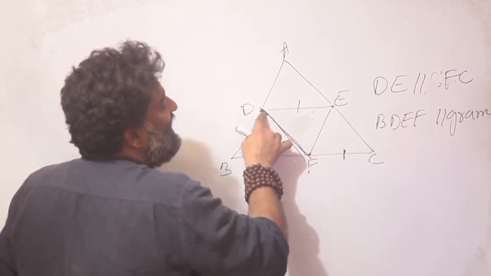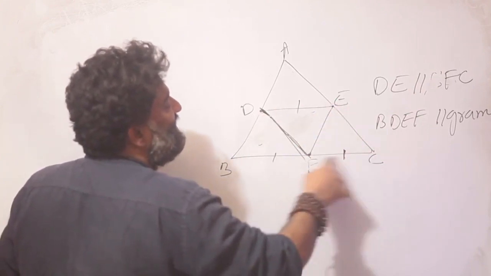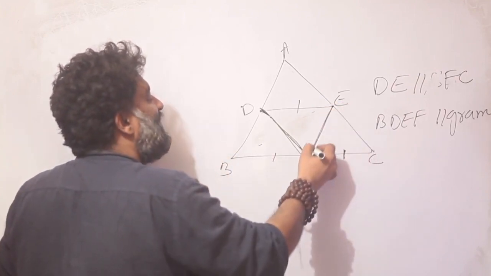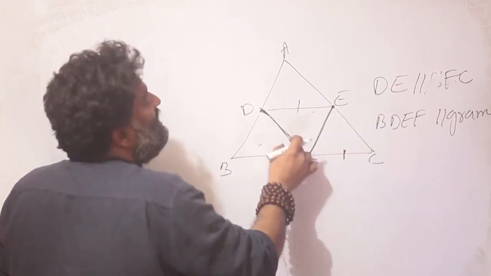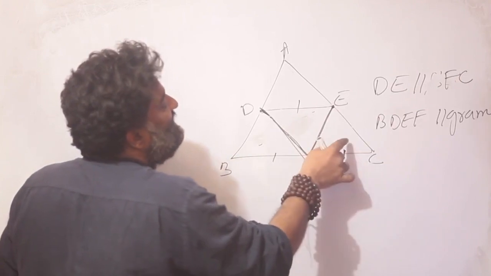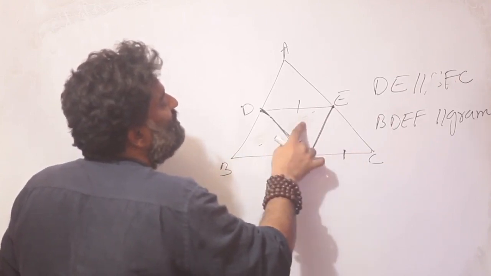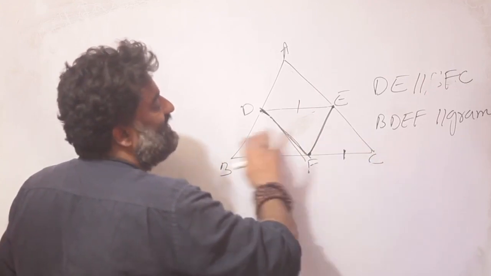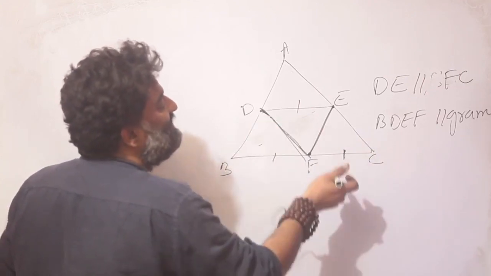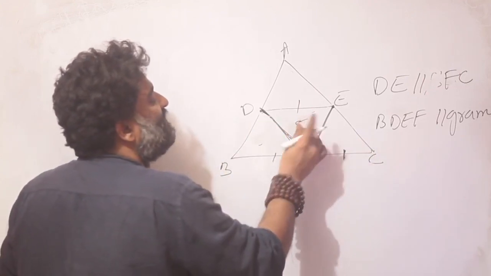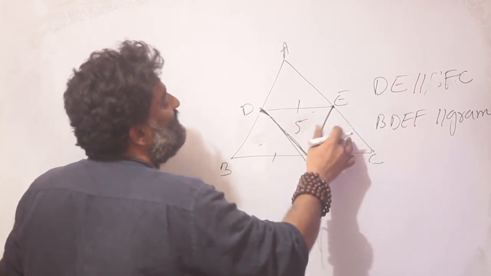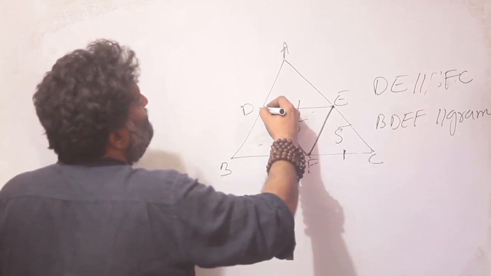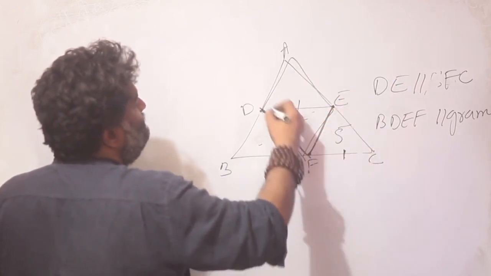So again I have a quadrilateral DEFC, which is a parallelogram. Once again, a parallelogram means that the diagonal will divide the parallelogram into two congruent triangles. And again, congruency means everything is identical, shape, size, area, everything is identical. So if the area of this triangle is 5 units, the area of this triangle is also going to be 5 units.